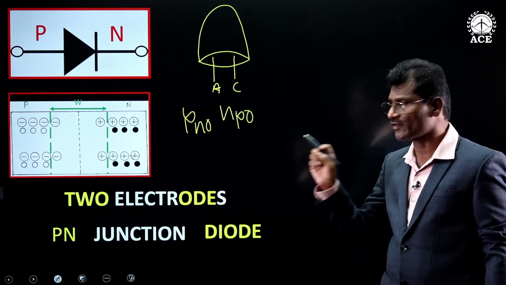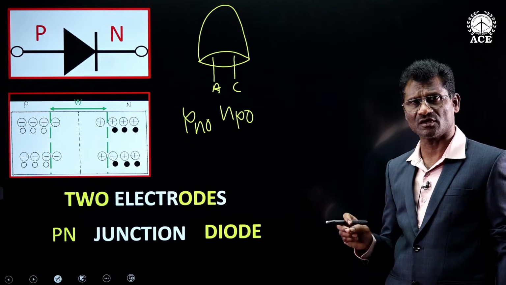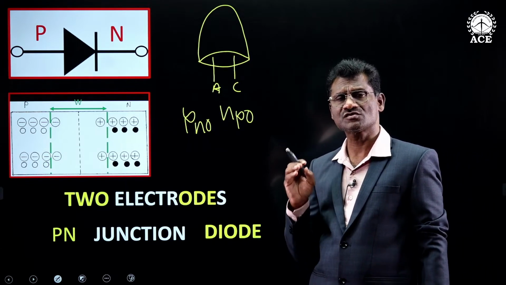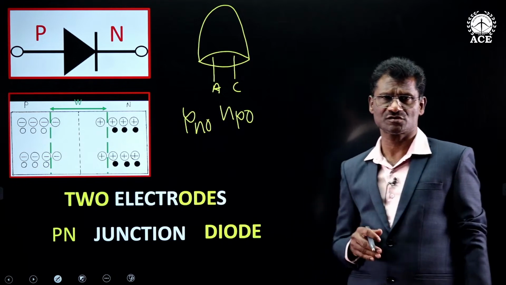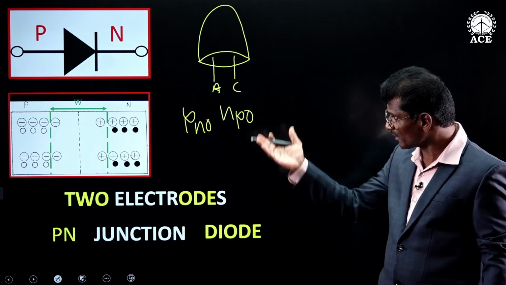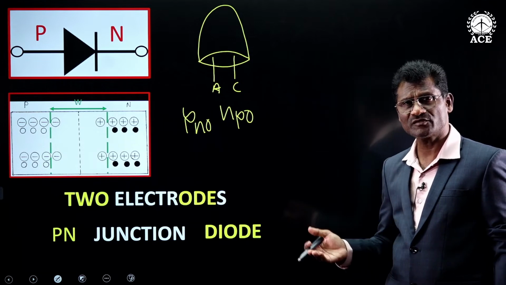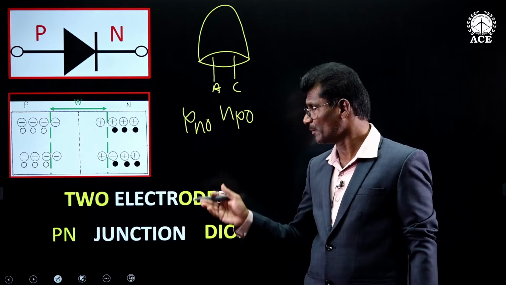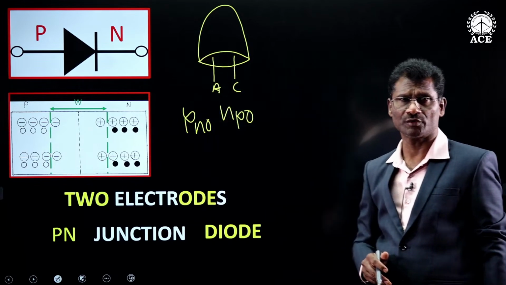So in the complete of our subject, electronic devices and circuits, never by heart a notation. Try to see what is the logic behind it. If you can see, even the name of the device need not be by hearted. It can be easily remembered based on how it was found.